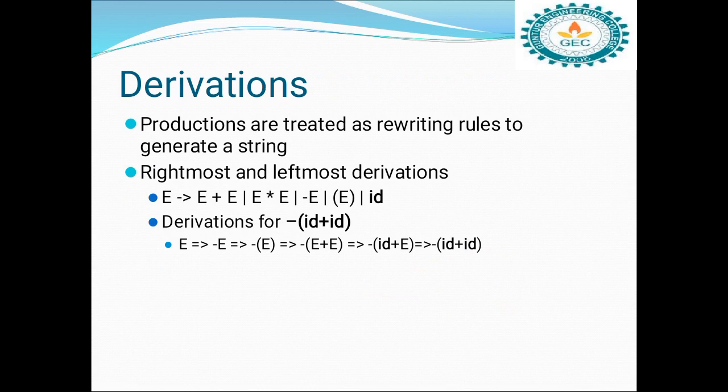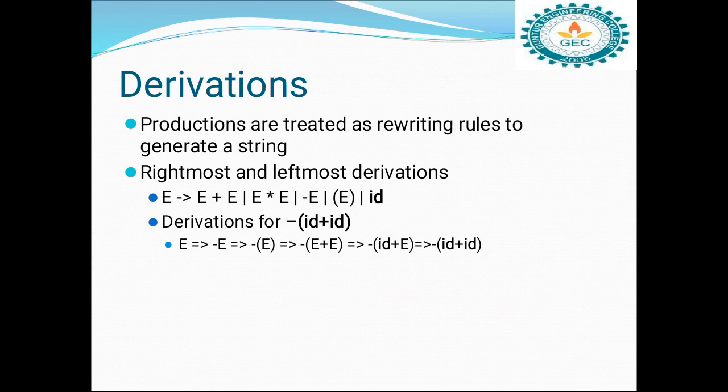Minus means E implies minus E. Next one is open braces. Open braces means E implies open braces E closed braces. So replace E with open braces E closed braces.